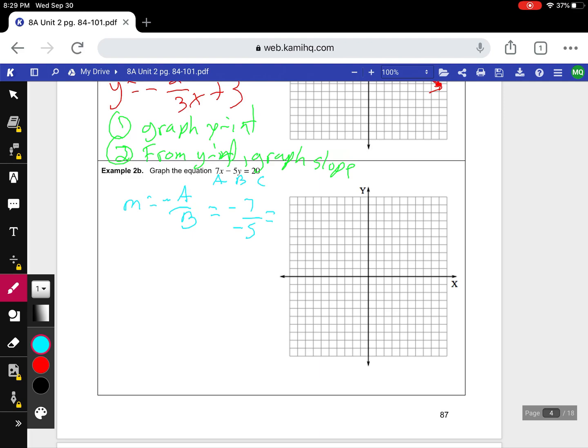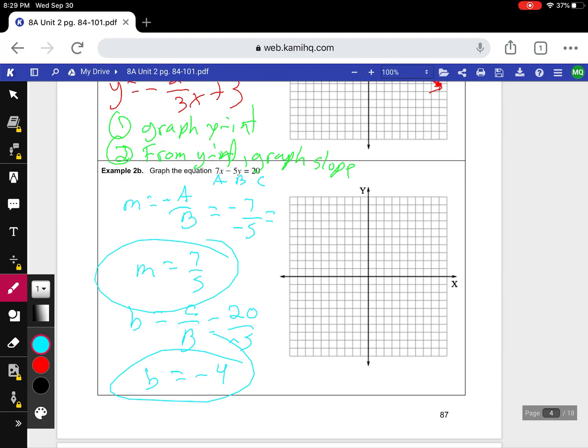That's going to be a negative 7 over a negative 5. So m equals 7/5. And we've got b of, c over b. Sorry, I lost my train of thought for a second. We get 20 over negative 5, which is going to give me a negative 4. Okay, so you graph those on your own.